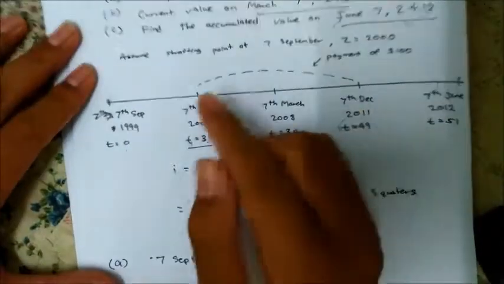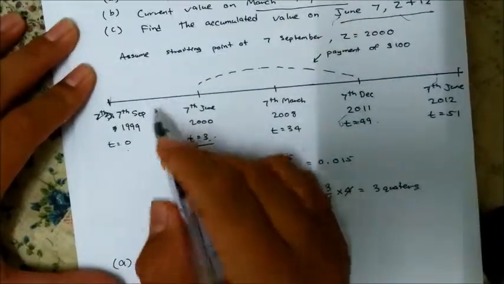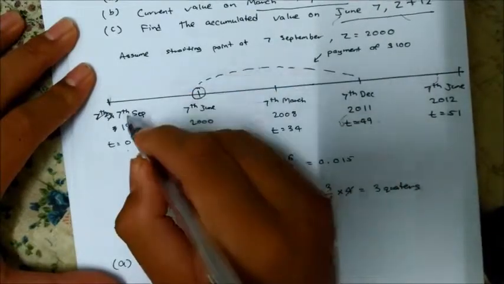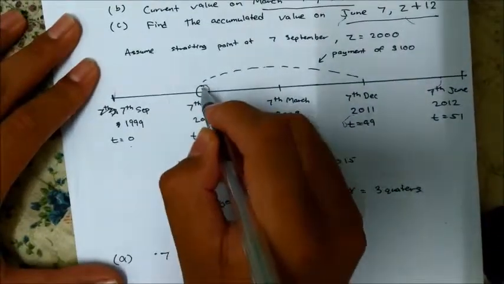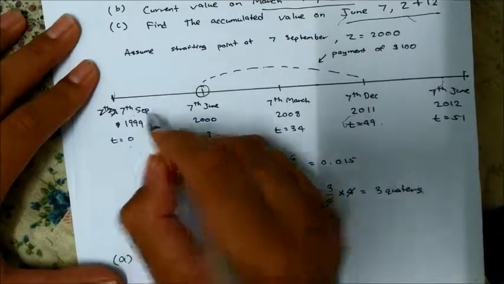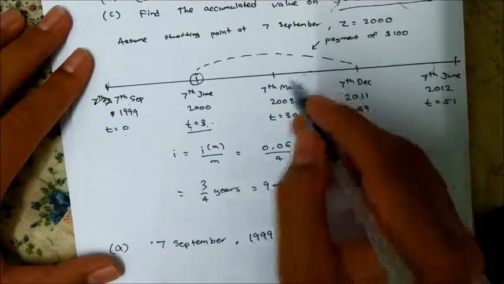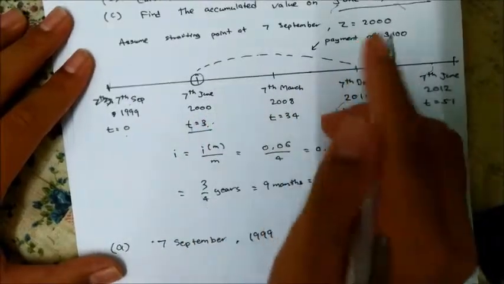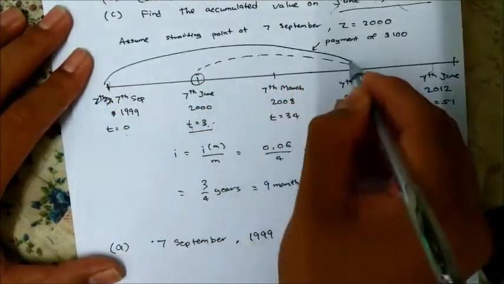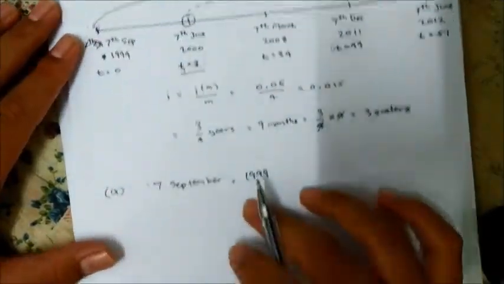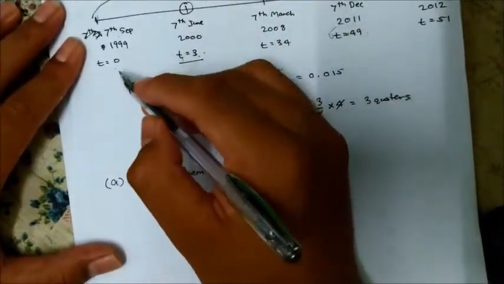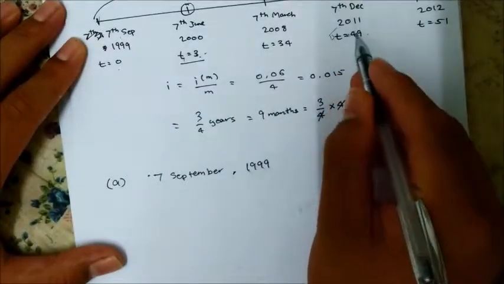If you look at the timeline here, the payment is actually made on 7th June, not 7th September. But since the question asks for the present value at 7th September, the first step is to extend our timeline of payments from here to here. Therefore, our range of payments is going to be from T0 to T49.